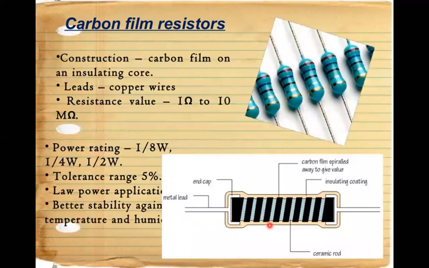For the carbon film resistors, the construction happens with the carbon film on an insulating core. Here you can see these are all insulating cores with a color coating specified onto that. And these leads are made up of copper wire. Resistance values will be from 1 ohm to 10 mega ohm.